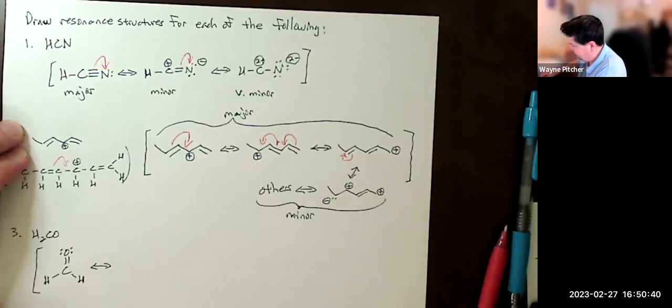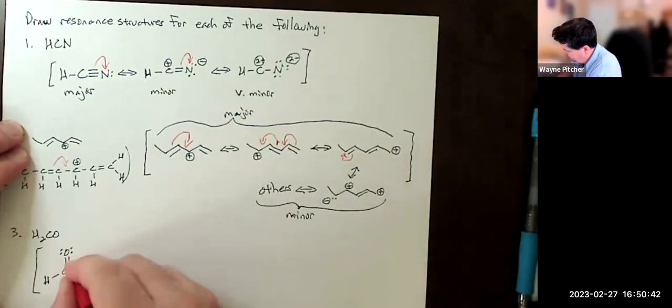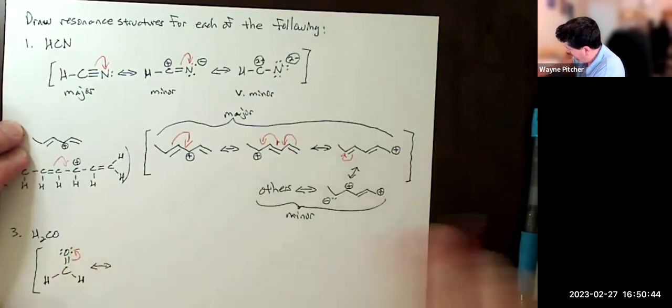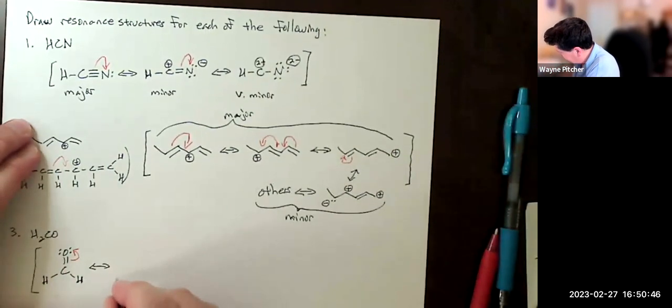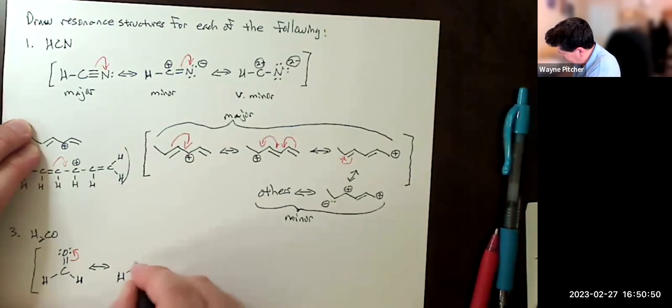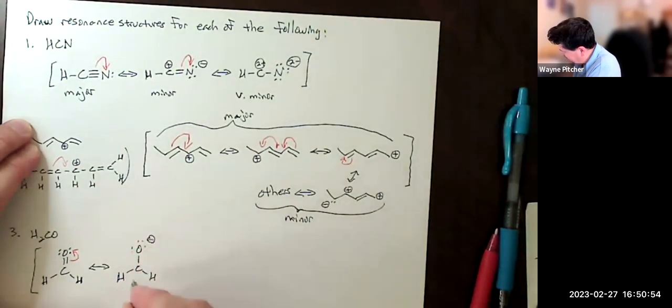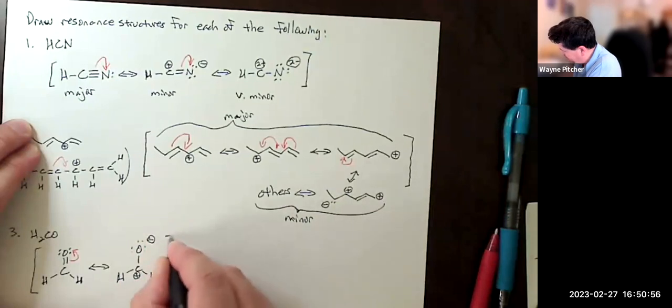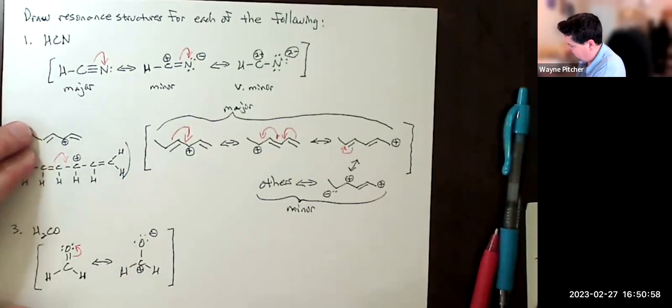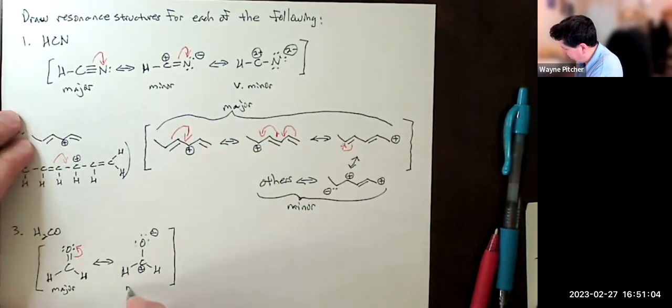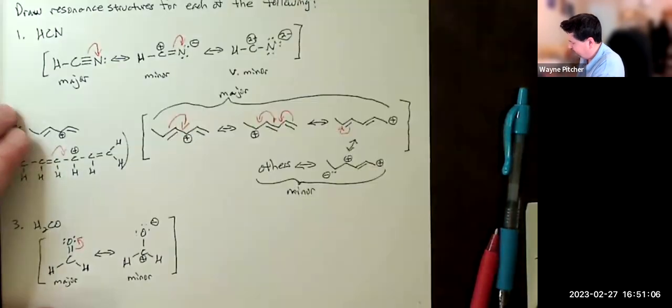Now, I could push electrons. Now I'll have a negative formal charge on the oxygen and a positive formal charge on the carbon. We would say that the structure without those charges is major and the other one is minor.